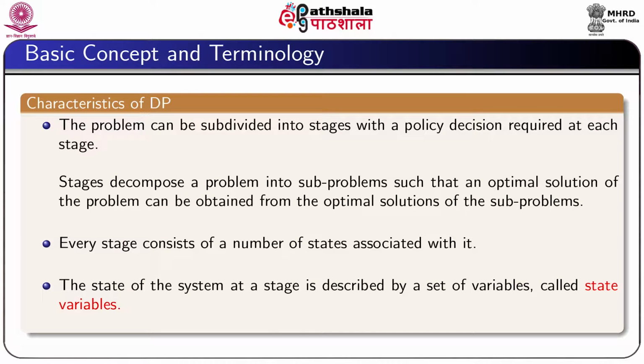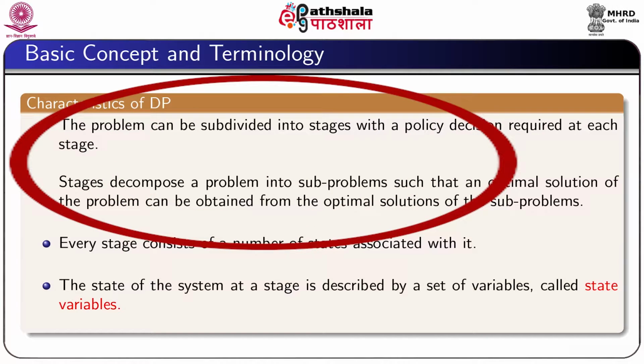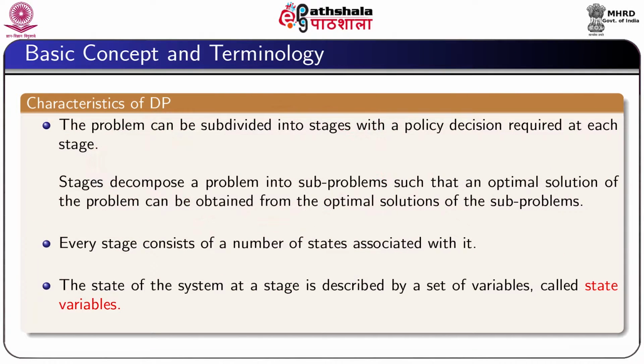Now, we will explain the characteristics of dynamic programming, that is the basic features which characterize the dynamic programming problem, and those are given below. The problem can be subdivided into stages with a policy decision required at each stage.